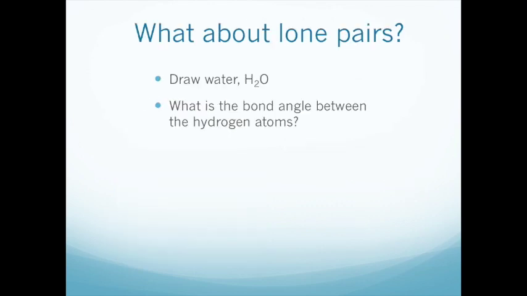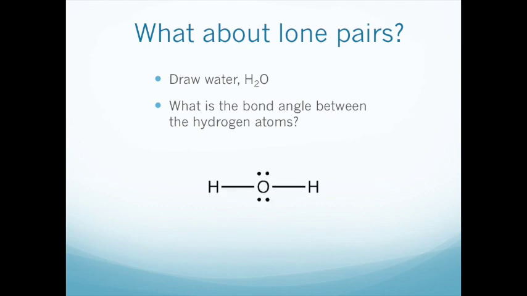Now, you may have been asking yourself, what about the lone pairs? A good example of this is the water molecule. What is the bond angle between the hydrogen atoms in water? We might be tempted to think that it's a linear molecule because there are 2 hydrogen atoms, they repel one another, and then they must go to opposite ends. But there are also 2 lone pairs on the oxygen.